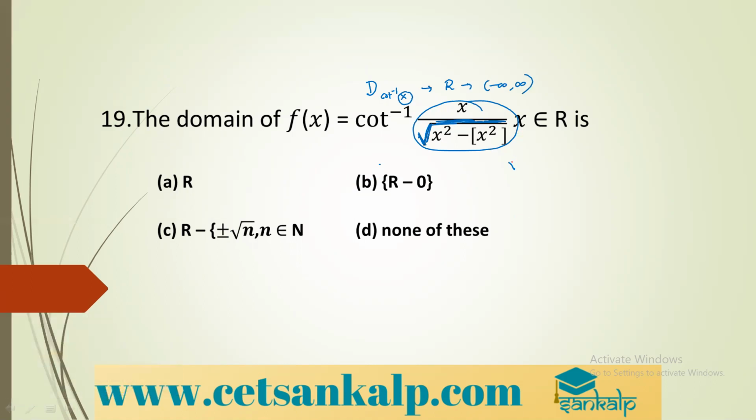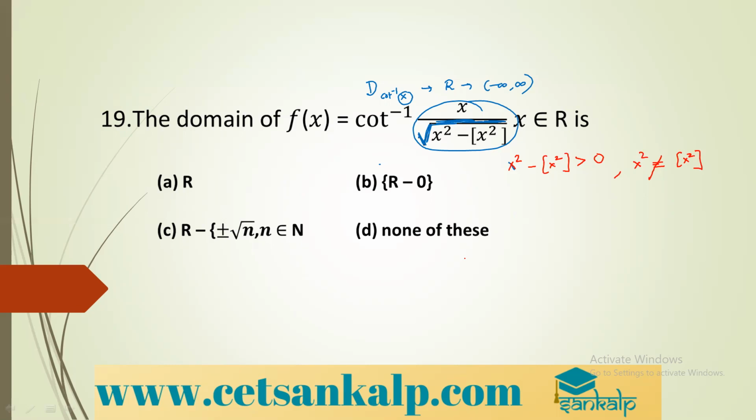First of all, under the square root, whatever is there has to be greater than 0, but not 0. Like x square cannot be equal to greatest integer function of x square.